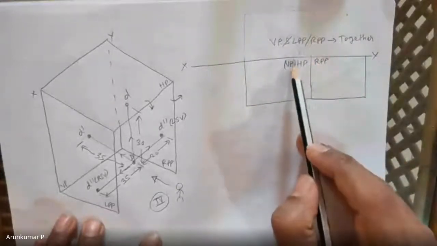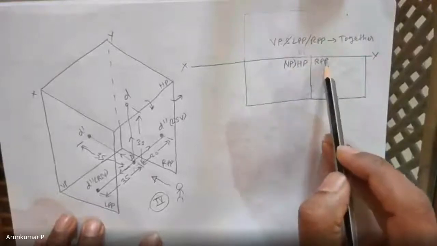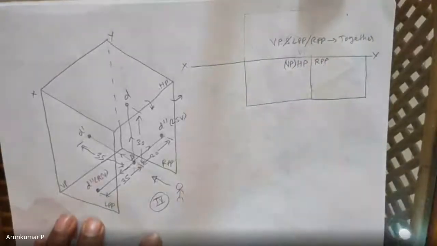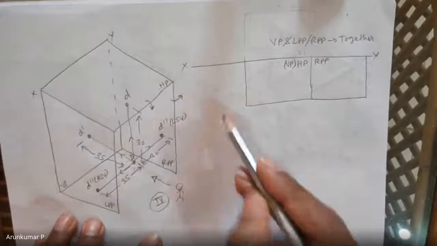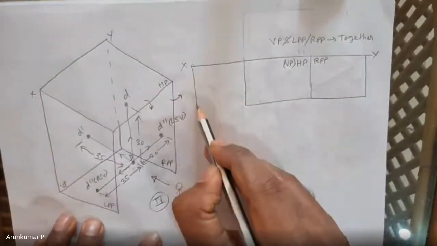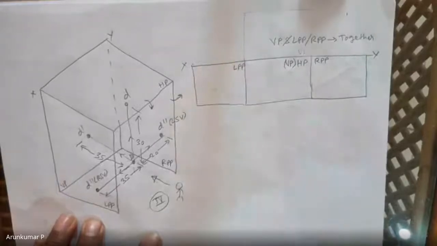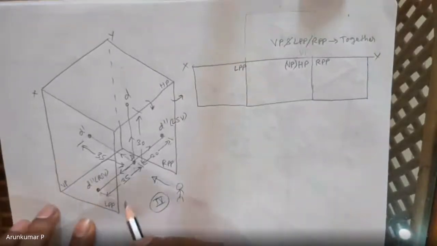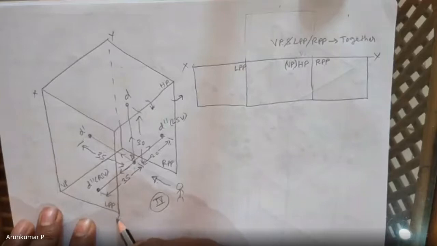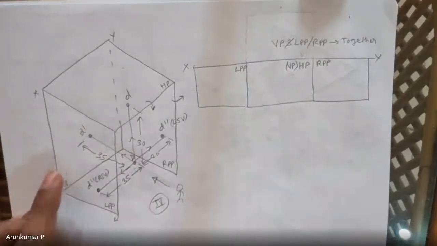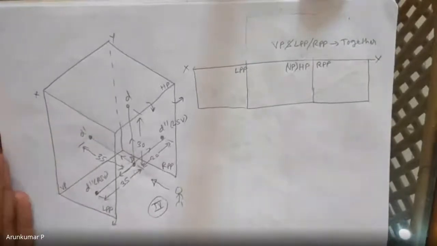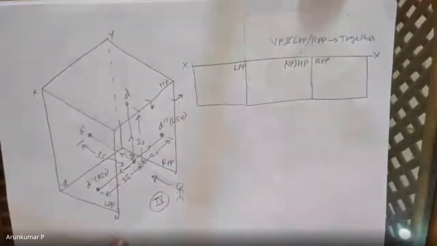See, since VP has come below XY line, RPP is also coming below XY line. Same thing is going to happen for LPP also. See here. LPP, you are going to rotate in which direction? In the clockwise direction by 90 degrees. So LPP will be besides the vertical plane below XY line.